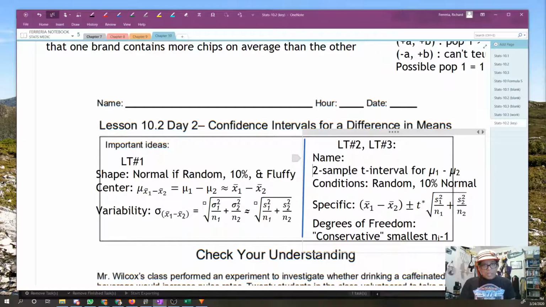On the AP test, they're going to recognize and grade anything that has a conservative estimate. If it has that crazy formula from your book, it'll be marked correct as well, and there are a couple of other ones they'll mark correct too. But for my money, the conservative one is the easiest, so that's what we're going to use.